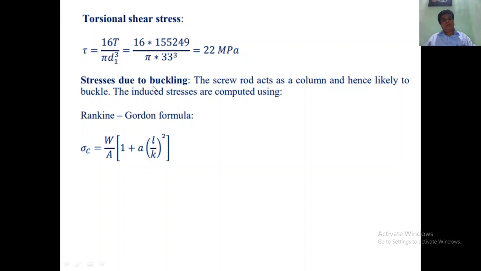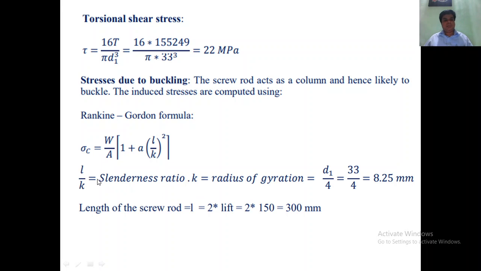Coming to buckling, you can go to the buckling equation. It is there in the data handbook, and you substitute the values. L by K is the slenderness ratio, K is the radius of gyration, which is nothing but d1 by 4, and the length of the screw rod L is 2 times the lift, so lift is 150. Usually we take the length of the handle bar as 2 times the lift here. Just assume some data and get the values.